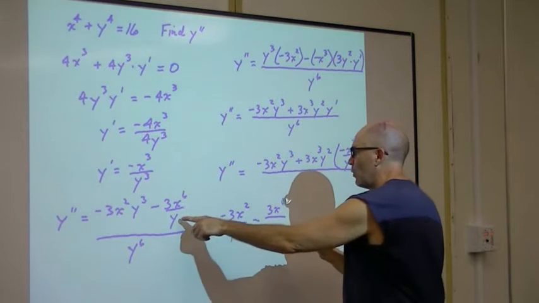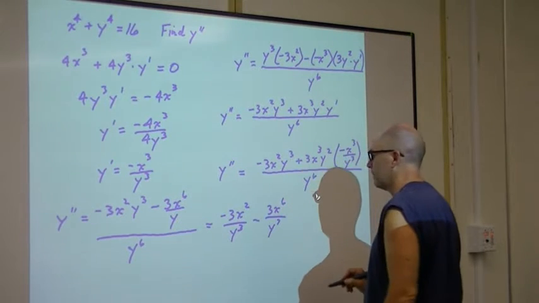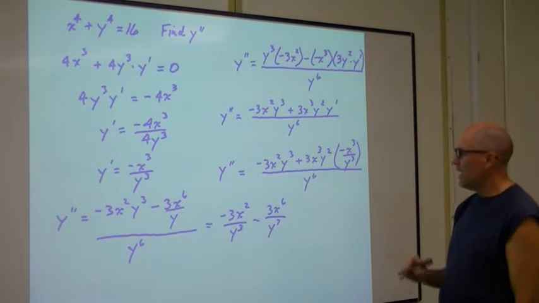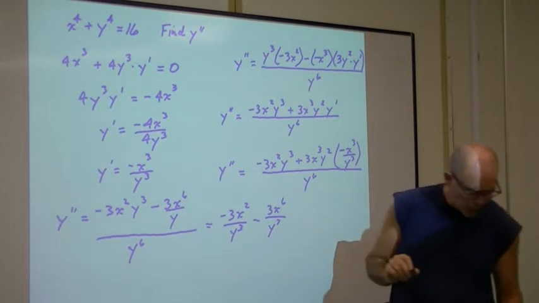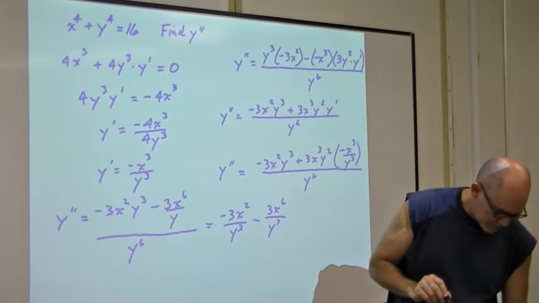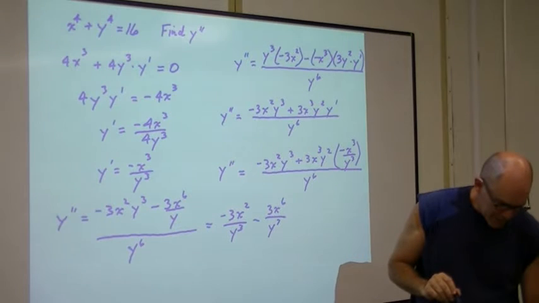So this becomes y to the first times y to the sixth, which is y to the seventh. We could get common denominators if we want to. Let's see what the book did. Yeah, they got common denominators.